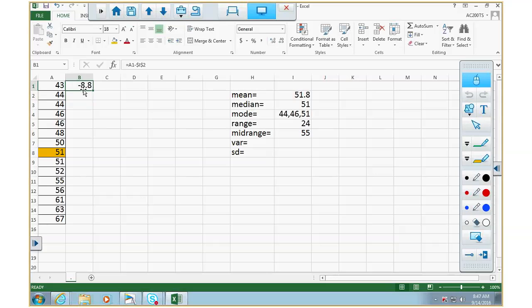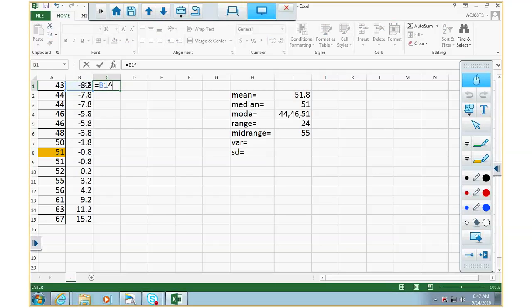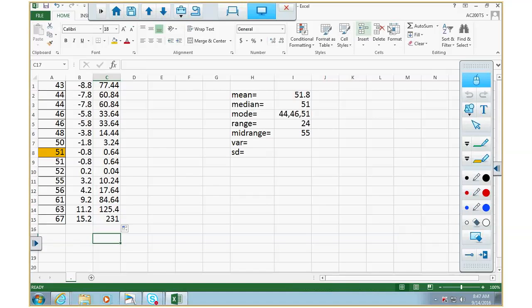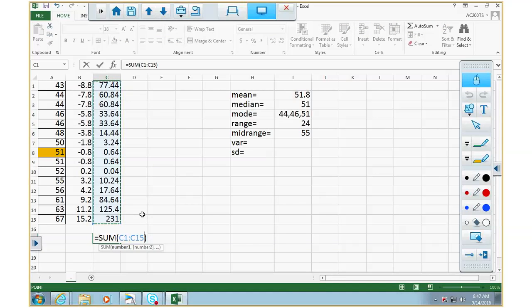Make sure you hit that F4 if you know anything about Excel, because when you copy down, if you don't hit F4 on the mean, it's going to copy all these numbers down and you're going to get a bunch of errors. And then square it. Then add it up. And that's your numerator. And divide that by 14.